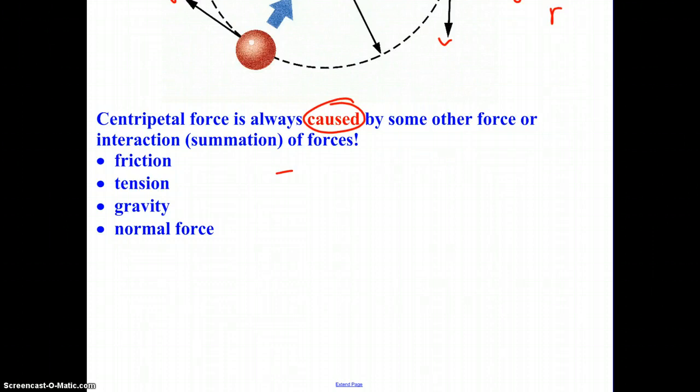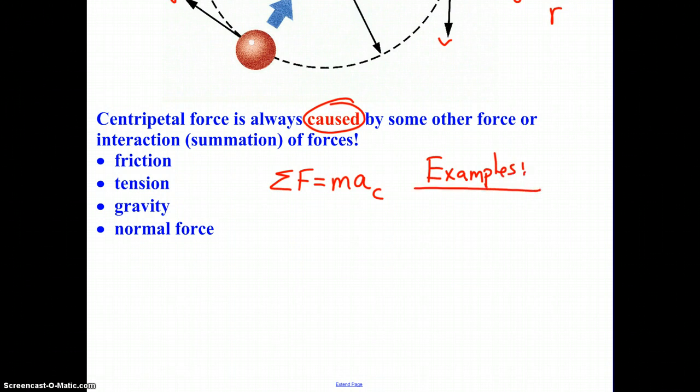With all summations, just like we did in our previous unit, we would start out by saying sigma F equals ma. Is our object accelerating? The answer is yes, because the object is traveling in a circular path. Some examples of summations you may see: we never write F_C equals m a_C, substituting that in for sigma F, because the centripetal force is always caused by some other force.